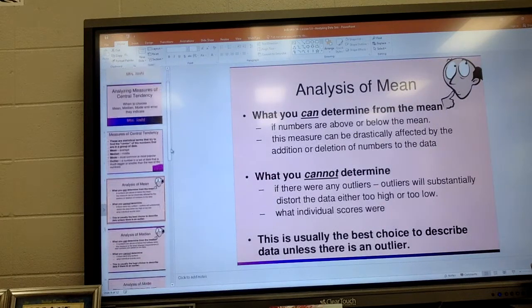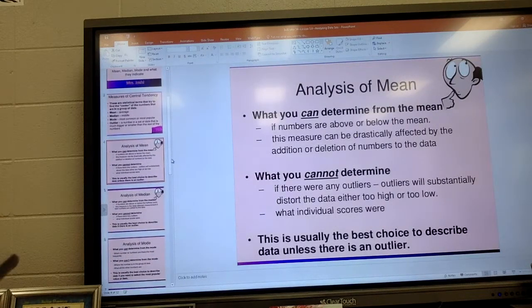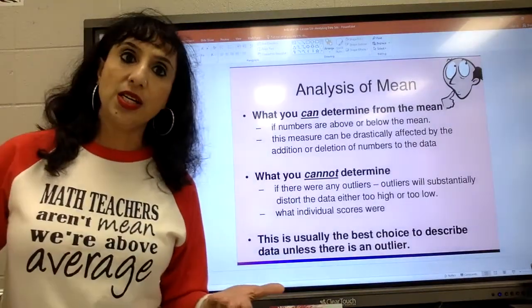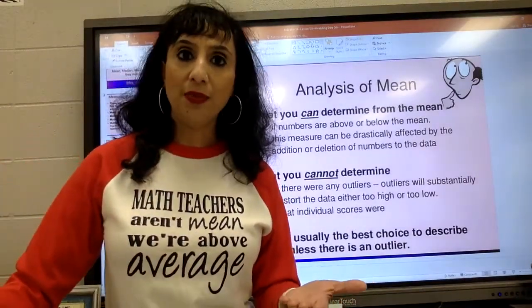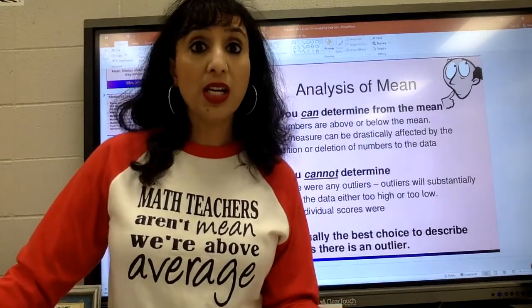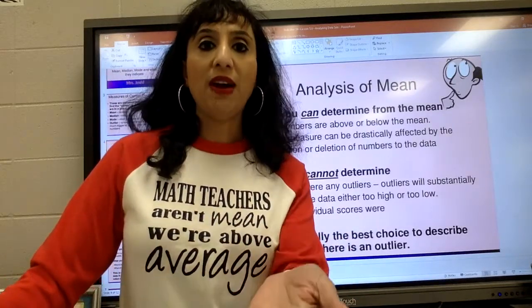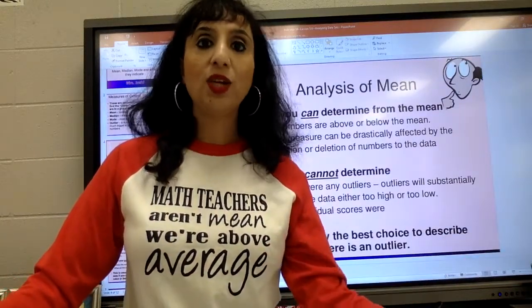Now let's analyze mean really quick. And what can you determine from the mean? If numbers are above or below average. So let's say on a certain quiz in the classroom, the class average was a 94. So you'll know if you made a 98, you were above average. If you made 88, you were below average.